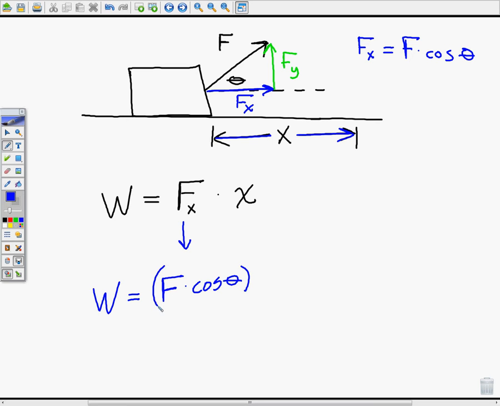That there gives you the x component of the force times the forward displacement. Generally, though, the parentheses are dropped and the cosine theta is brought all the way to the right. So the general formula for work is the force times the forward displacement times cosine of theta.